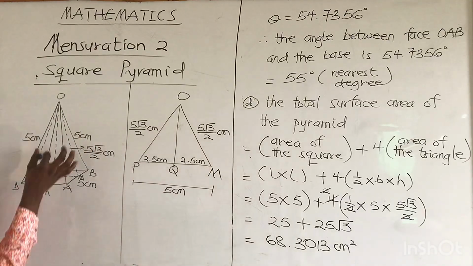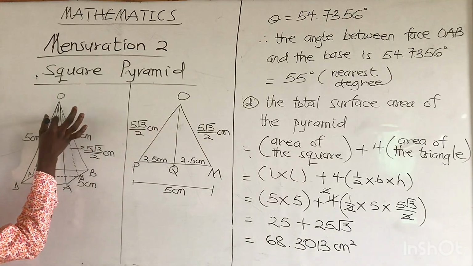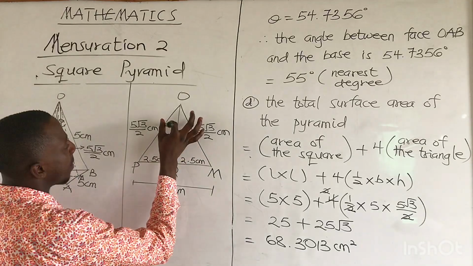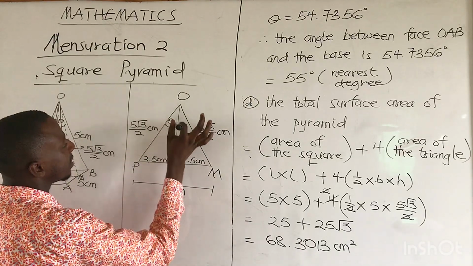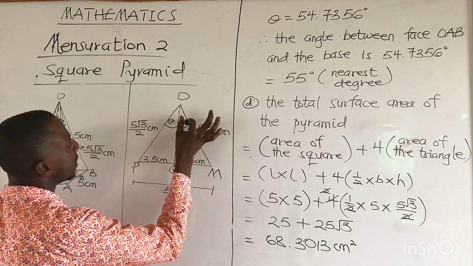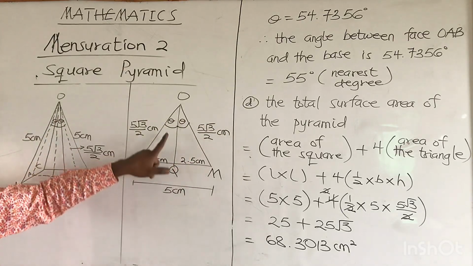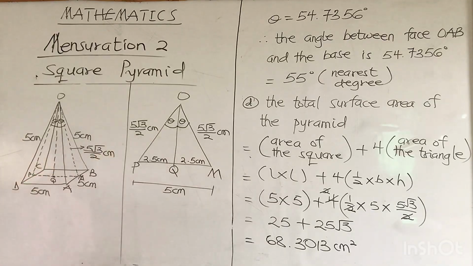Now we are looking for this whole angle. So theta plus another theta. So I am using this angle as theta, another angle here to be theta. So if I am able to get this angle, it will be the same as the angle here.